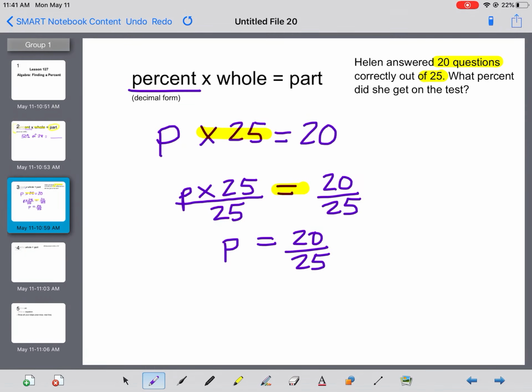25. Okay, so we've got P by itself, but we need to still do some simplifying to figure out what 20 over 25 is equal to. And since that's a division sign, we're just going to do some long division over on the side. So we need to do 20 divided by 25.